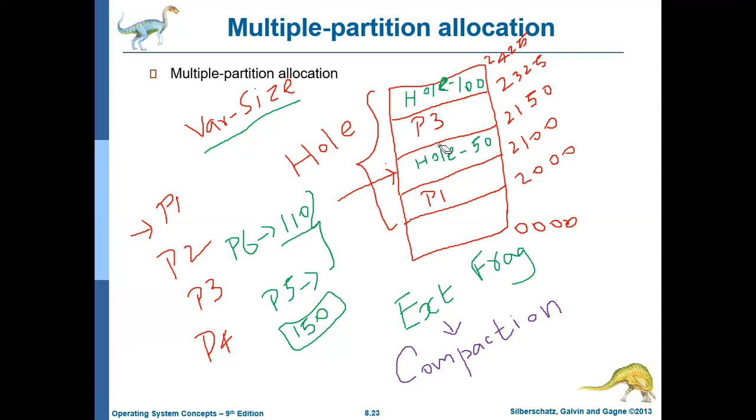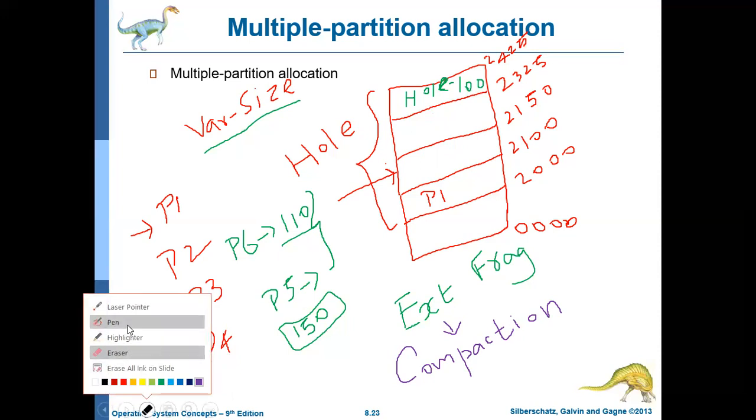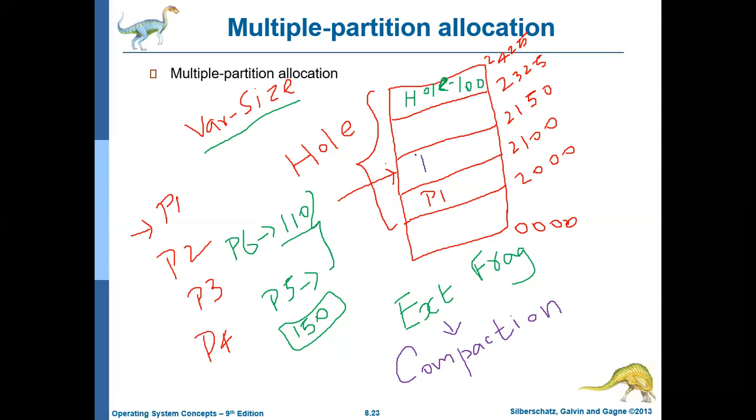And this hole is 100 and this hole is a 50 MB hole. So P3 will come here. This addressing will slightly change. P3 will come here, and this hole will go here, and this hole size is 50 MB.